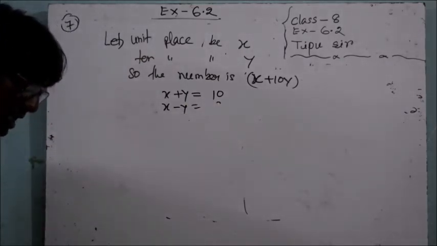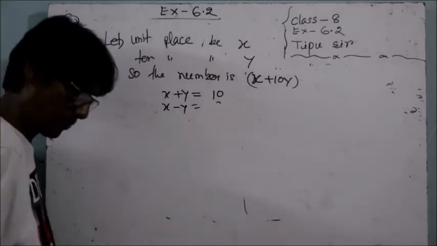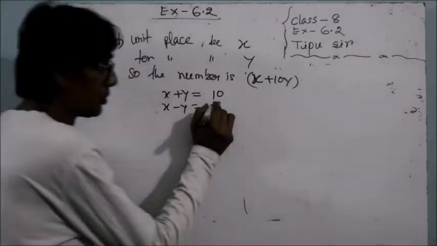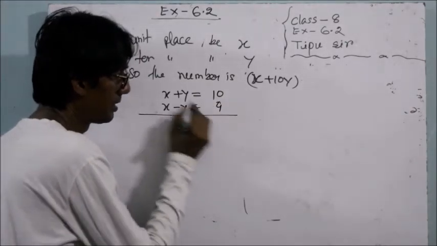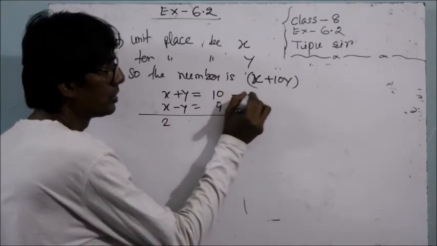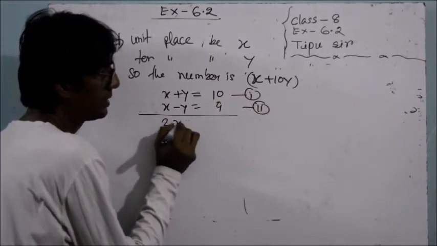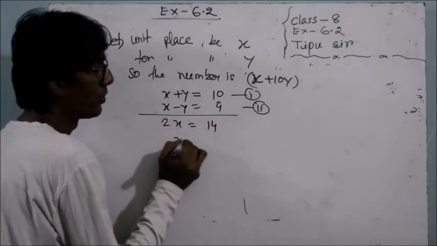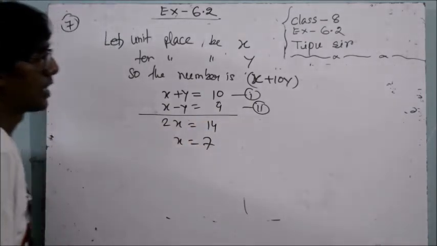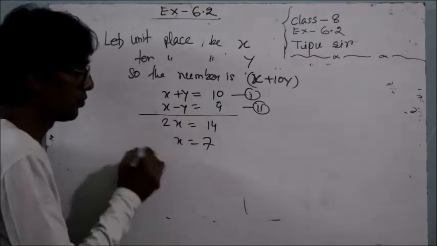Now adding the two equations, equation 1 and equation 2, you get 2x equal to 14, or x equal to 7.